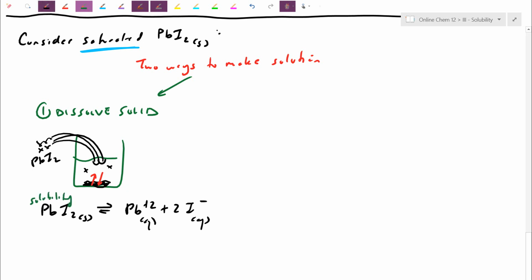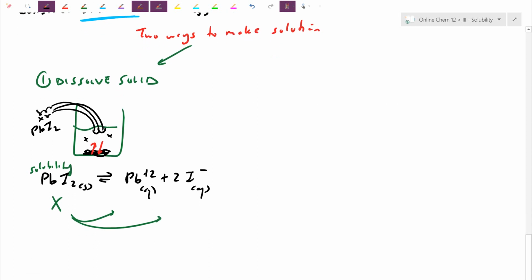It always describes how much of this compound will actually break up. Because I am starting off with PbI2, let's call it X, we will definitely follow the mole ratio. The only reason there would be lead in solution and iodide in solution is because of the solid, because of the ratio as it breaks up. X amount of PbI2 breaks up, it's going to make Pb2+ as X, and twice I-, so it's going to be 2X.